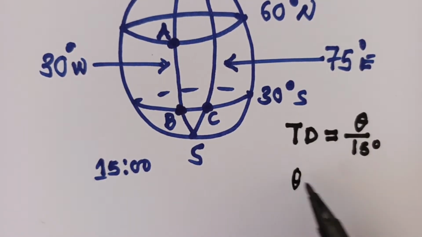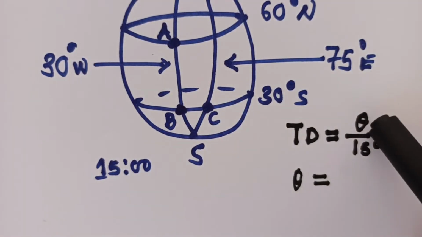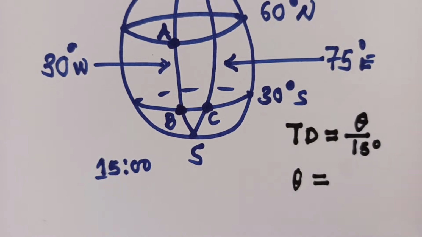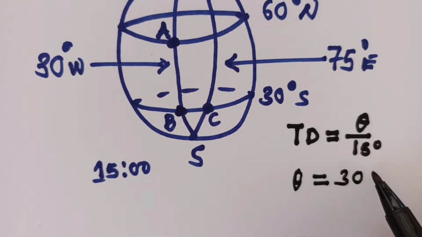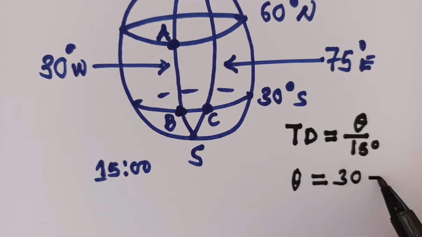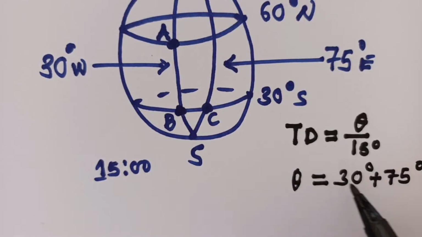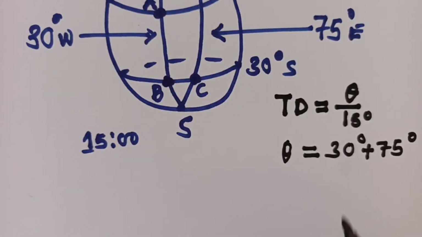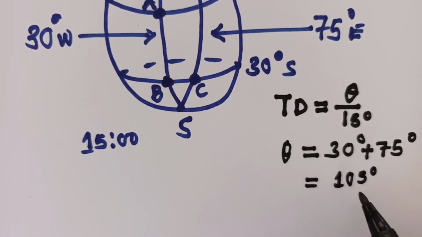So theta will be equal to 30 degrees plus 75 degrees. I'll explain how I've picked these two. And then this will give us 105 degrees, okay?